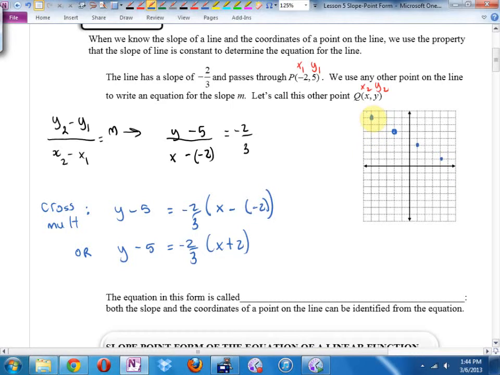If I use a straight edge or a ruler and I connect these dots, I freehand it terribly.